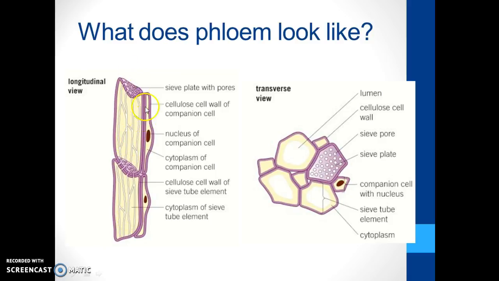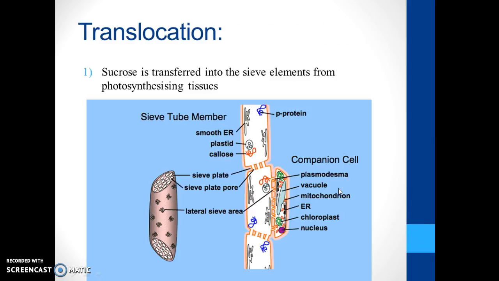It is a structure again of cells in a tube-like structure, and we've got these things called sieve plates with pores which are going to allow certain things through and certain things not through, and we have these companion cells that run alongside those cells, and if we chopped it across the top we'd see this. So we'd see the main parts there with the sieve plate and the sieve pores and the companion cells running alongside. So translocation, movement of sugars.